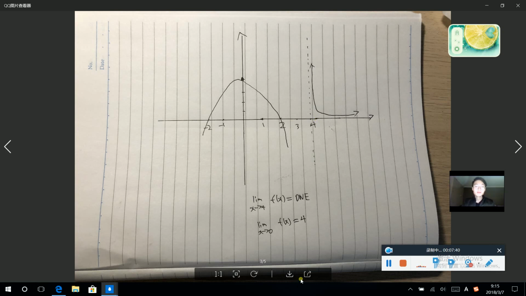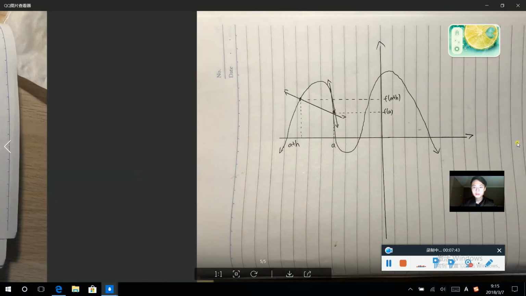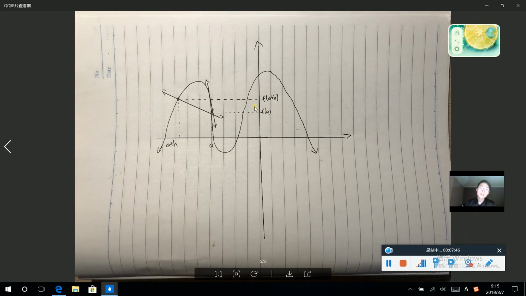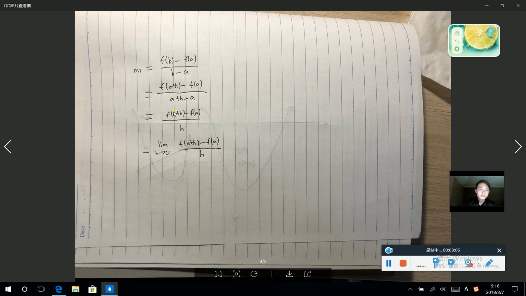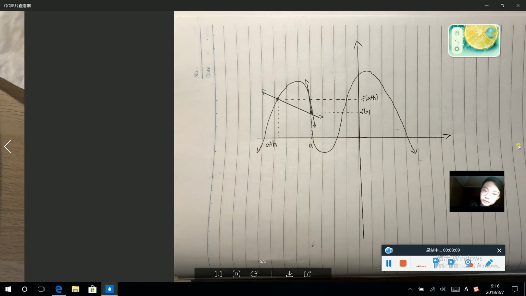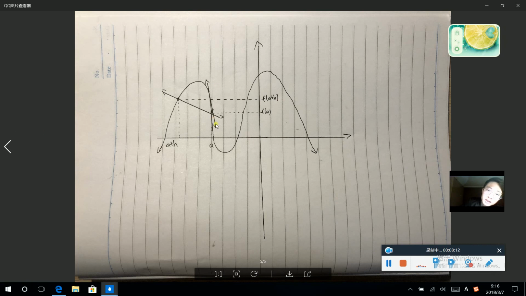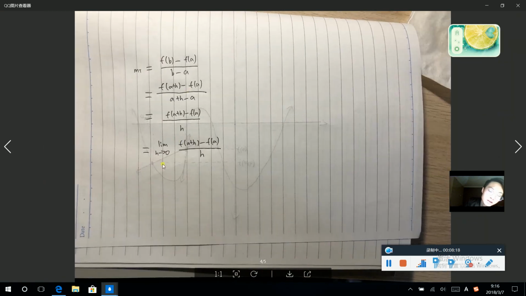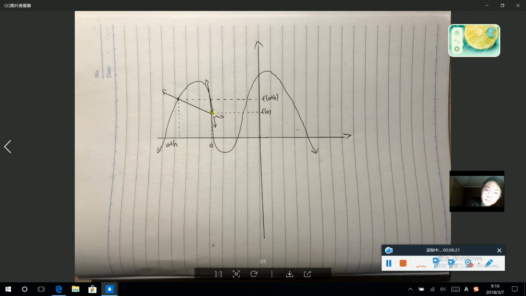The chief point I want to illustrate on the graph is that if the secant line approaches the tangent line, first of all they should be on the same point. Secondly, if we want to calculate the tangent line based on the formula of the secant line, we should make sure that h approaches 0, because there's only one point on it.